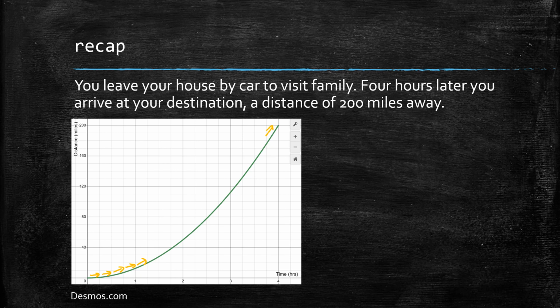And we asked ourselves, what is the speed of the car? How can we calculate the speed of a car at any particular point? So say we wanted to find the speed of the car at t equals 3 hours. Well, you could argue that if you look down at your speedometer, it could tell you that, but that would ruin all my fun. So instead, we realize that we have to find the slope of the tangent line at that point.